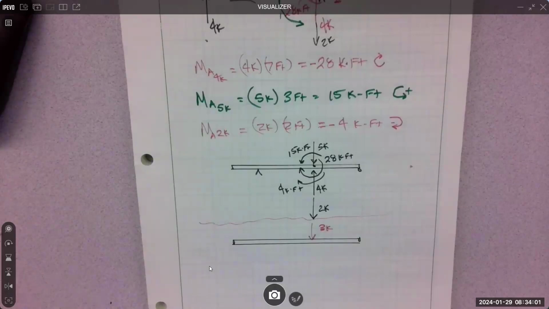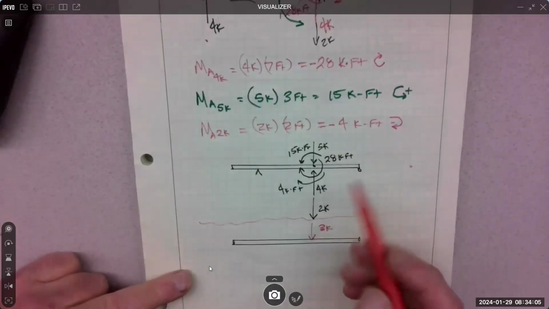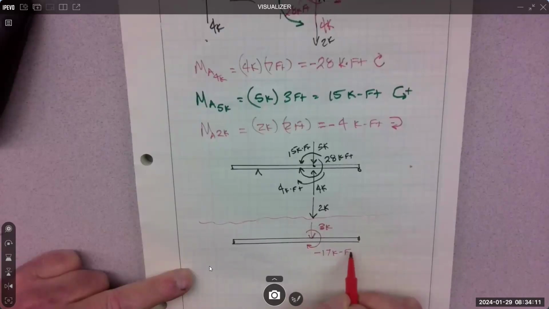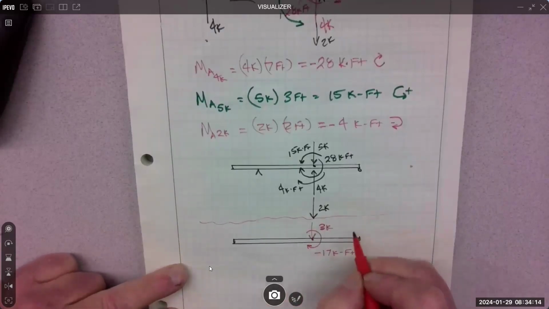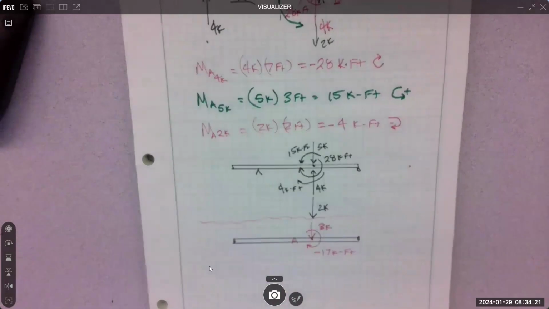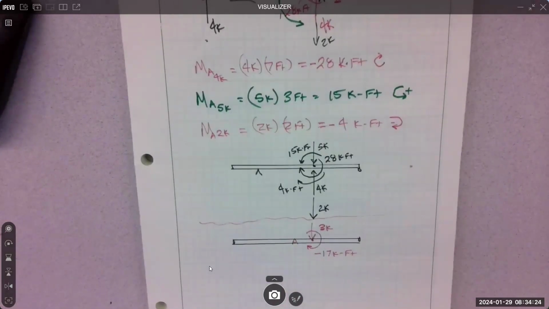Gives me a -17. All at point A. This is the answer.